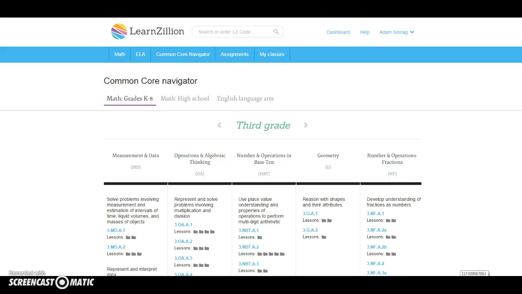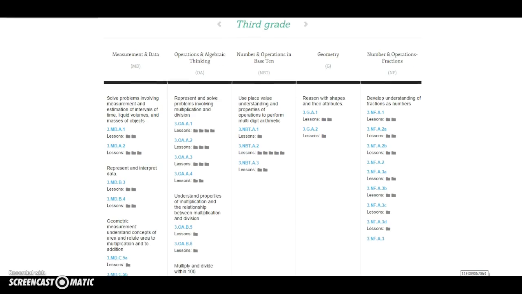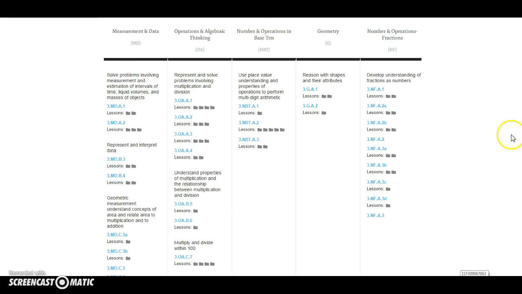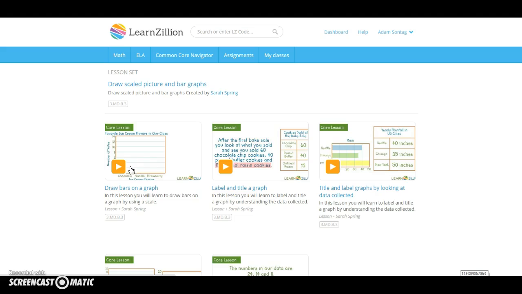And this time we're going to do measurement and data. We'll go to grade 3, MDB3, and we will choose the first folder. Okay, we have draw bars on a graph, label and title a graph.